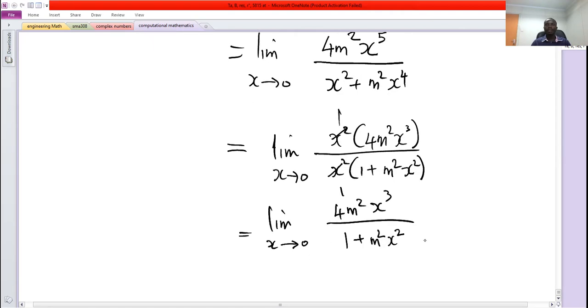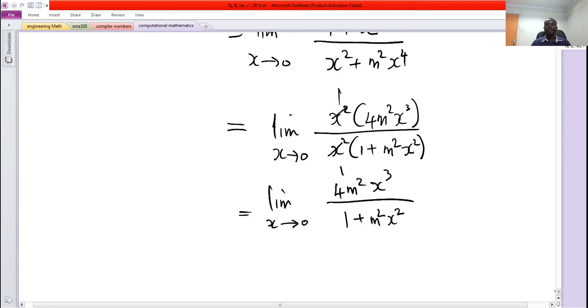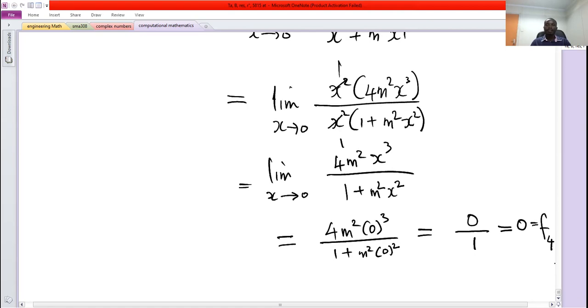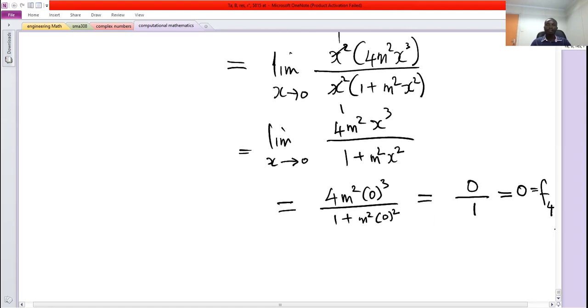And because we just have a single variable, direct substitution should help us get the answer. So 4m squared times 0 cubed over 1 plus m squared times 0 squared, which will give us 0 over 1, because this will be 0. 0 over 1 is defined and the value is 0. So that's the value of f4. Now you see that all the values of f1 up to f4 are the same.